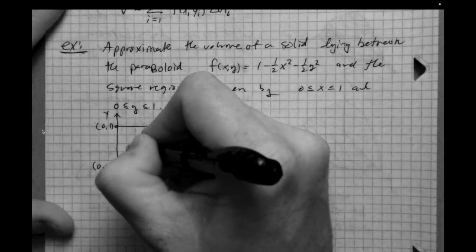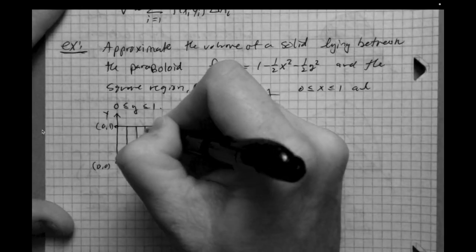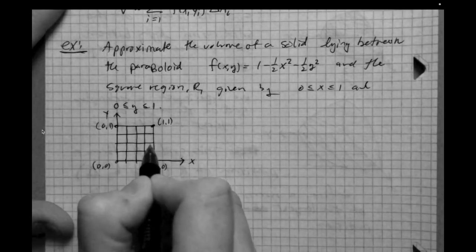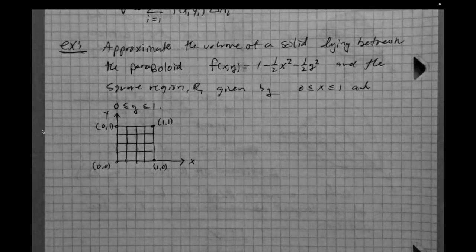And so our partition would look like this: the square region broken up into 16 different squares. The question then comes, how do you want to choose the height of your prisms? What points do you want to use? Well, just for convenience, let's use the center point from this grid.